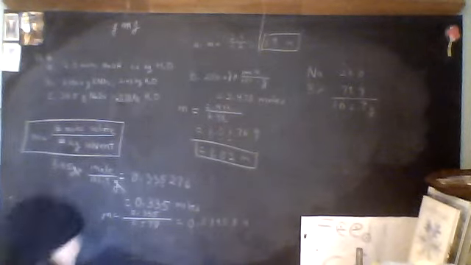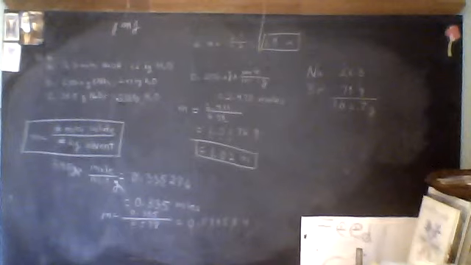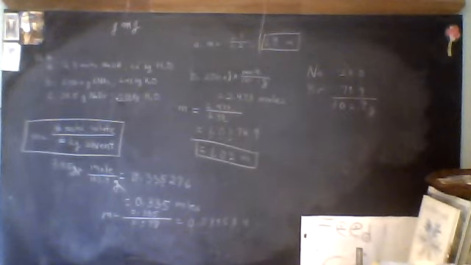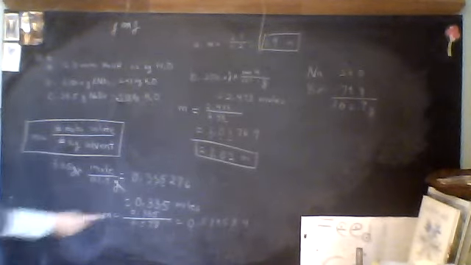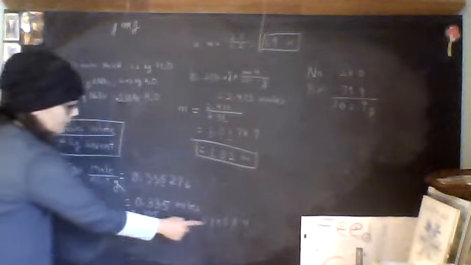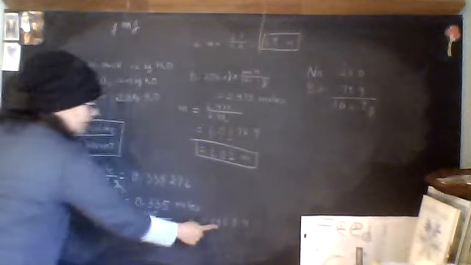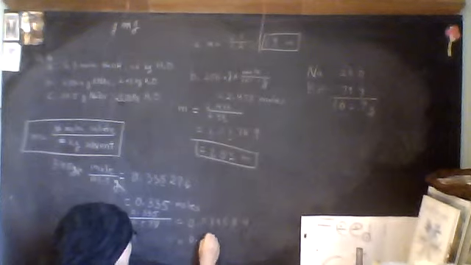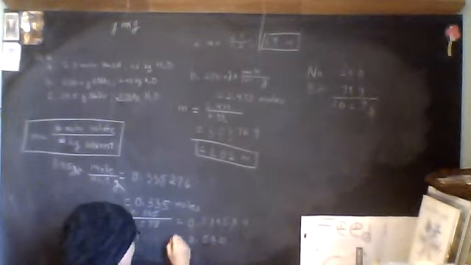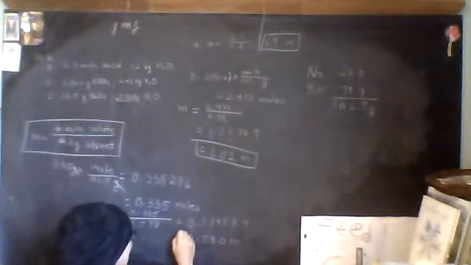How many significant digits am I looking for? 3, because I have 3 and 3. So I want 1, 2, 3. I'm going to make this 0.580 molality.